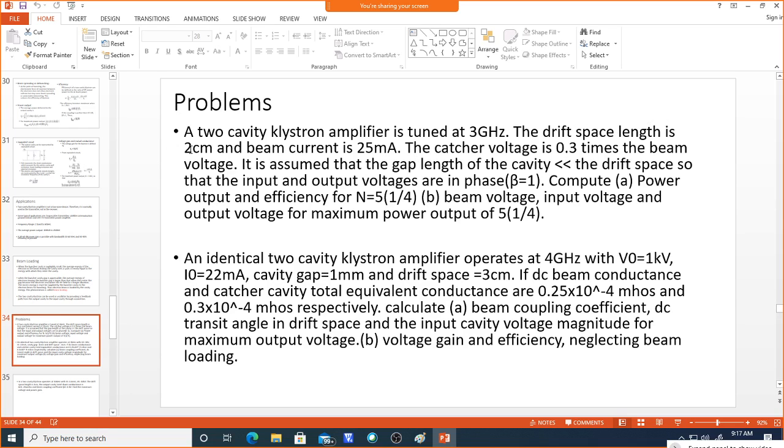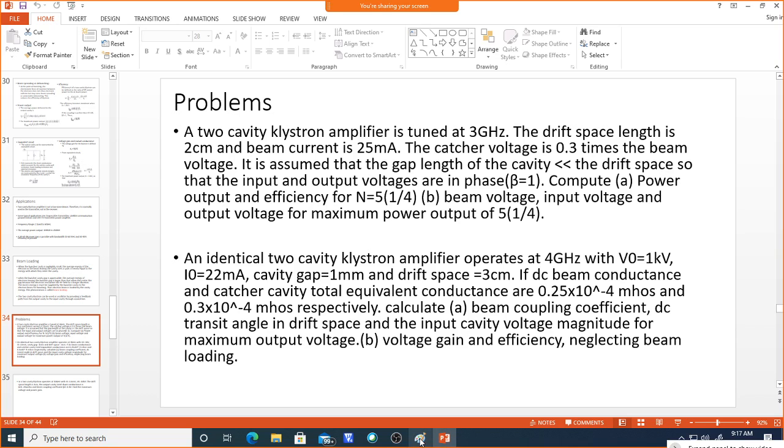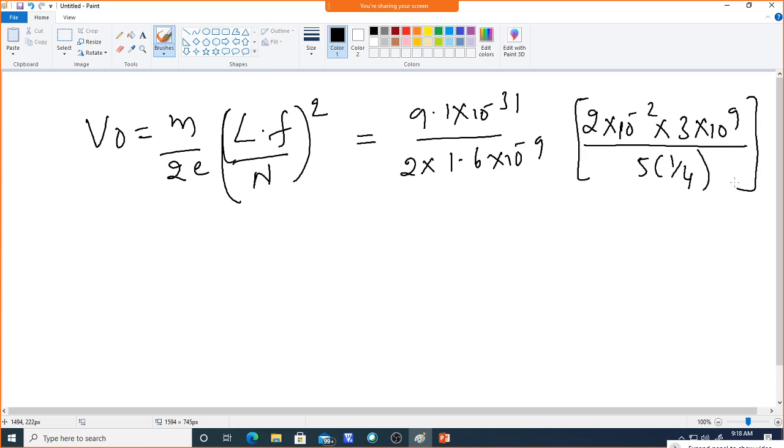The drift space length is 2 centimeter, that is 2 into 10 power minus 2, so convert it to meters. The frequency is 3 gigahertz, and n is 5 into 1/4. Now calculate the beam voltage.